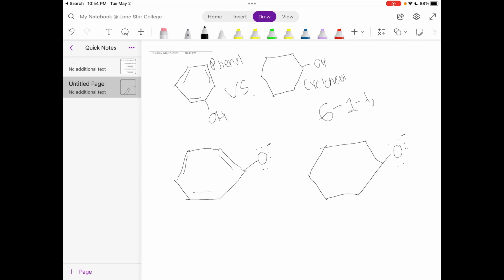So 6 minus 1 is 5. What's 5 minus 6? Negative 1. So that's negative 1 equals negative 1. They're both negative 1. That's the reasoning behind it.